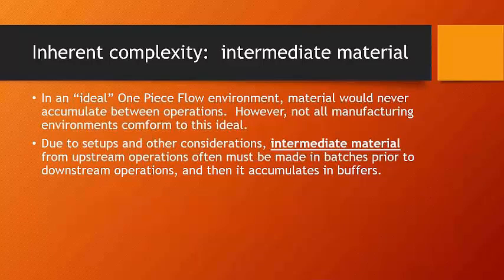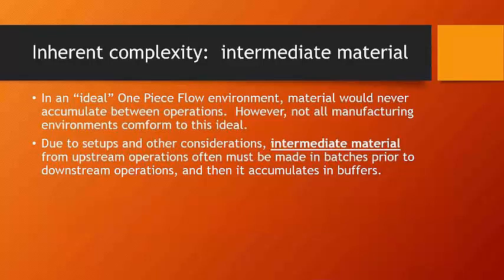Due to setups and other considerations, intermediate material from upstream operations often must be made in batches prior to executing downstream operations, okay? And then the intermediate material accumulates in buffers. Is this our ideal one-piece flow? No, it isn't. But does it reflect the way many facilities do operate and ultimately ought to operate?